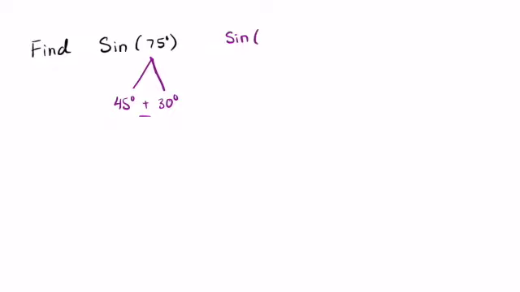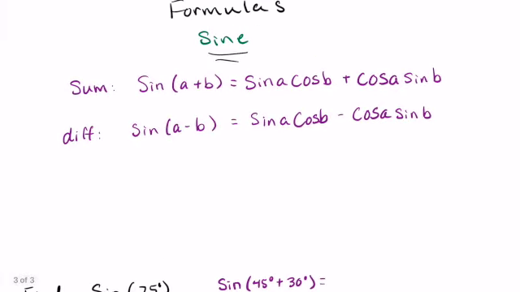So I can say sine of 45 degrees plus 30 degrees equals, and we're just going to follow our formula for the sum of sine.